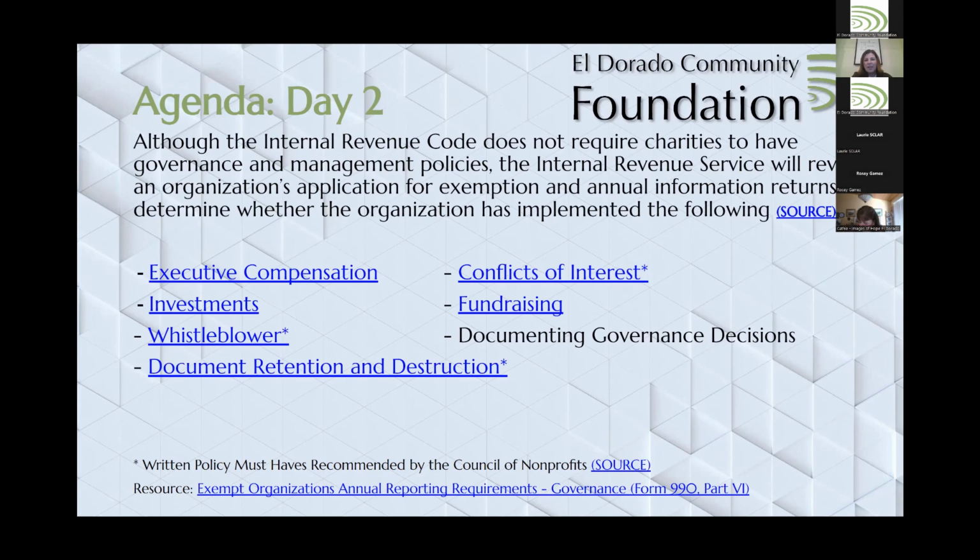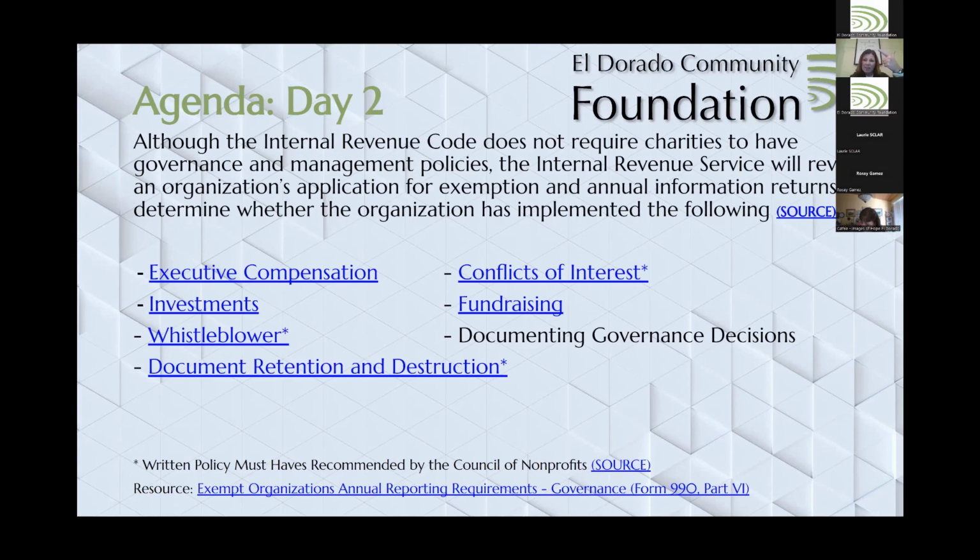So basically they want to see that if you have an executive director, you have an executive director's compensation policy, investments, whistleblower, document retention and destruction, conflicts of interest, and fundraising. And then this one that doesn't have a link, documenting governance decisions. This means that you are doing proper agendas and minutes, and that you are capturing things correctly when it comes to the governance and the decision making of your organization.